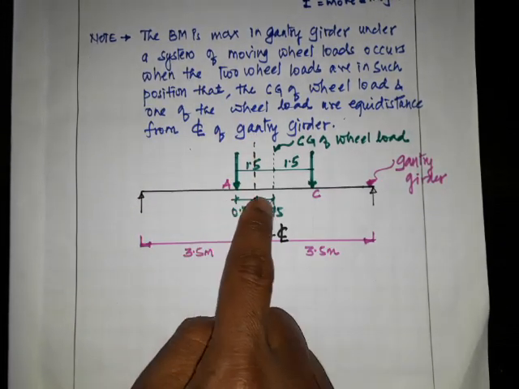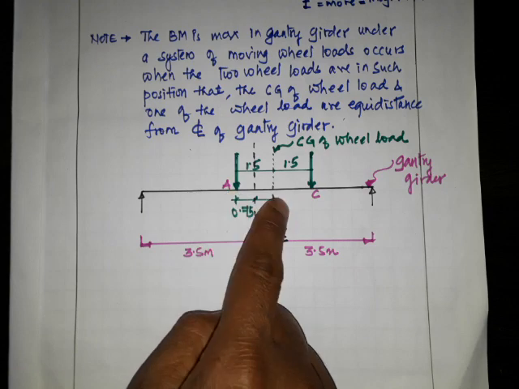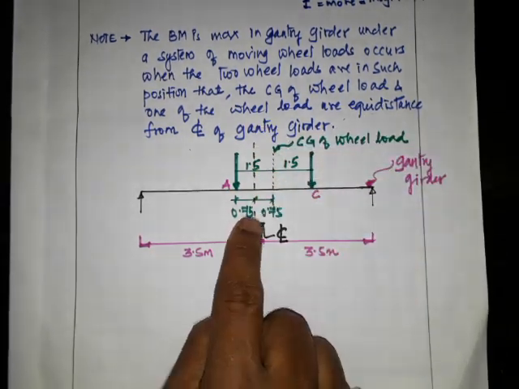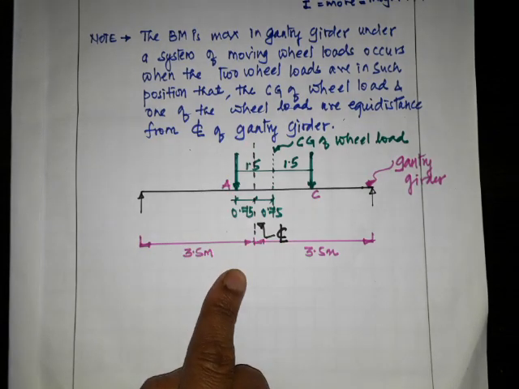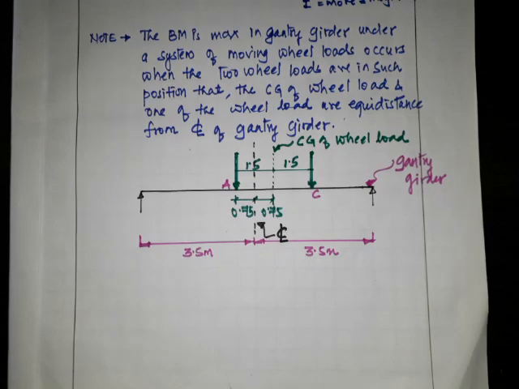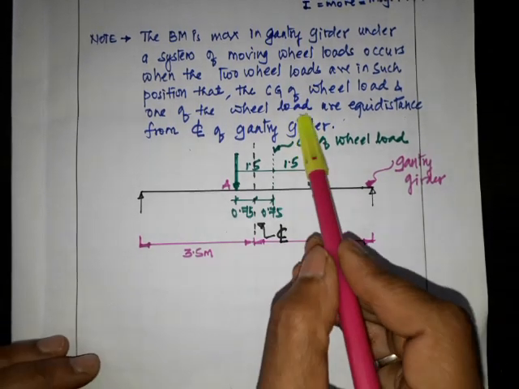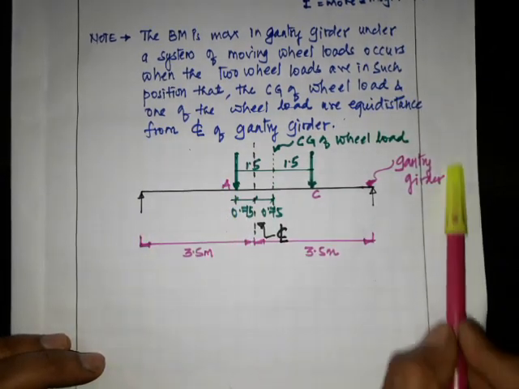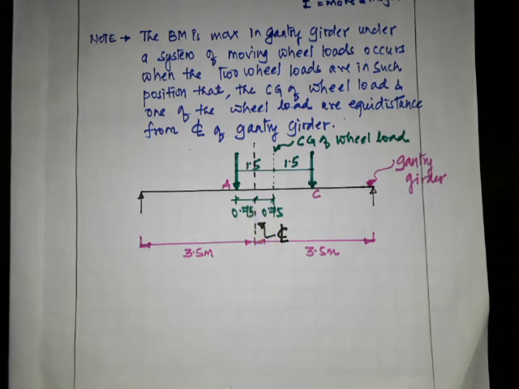So we have both locations at equidistance, 0.75, 0.75. Now you understood? Okay. So this is very important to remember, correct? According to this, we have to find out the bending moment.